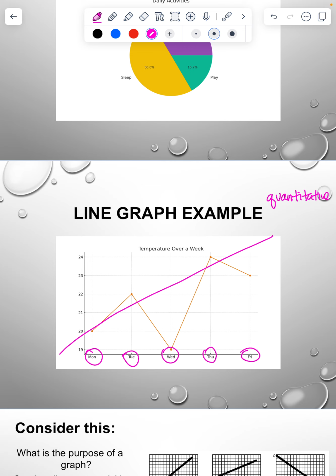But if you remember correctly, days of the week are a measurement of time. So this time is measured in days. It is actually a quantitative measurement because it is time. The next thing that I want you to look at is the label over here.